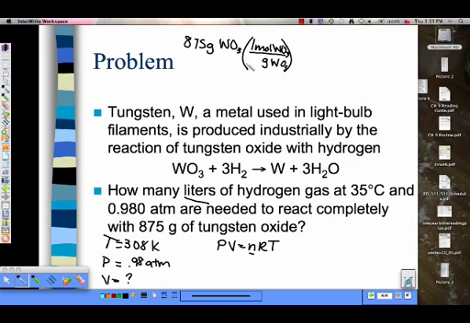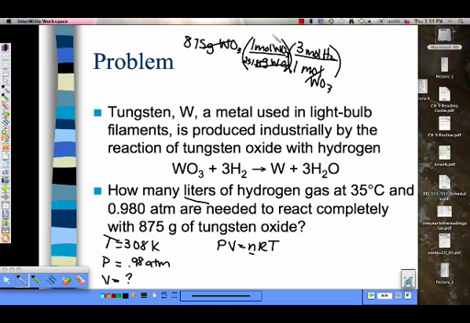There we go. And we have a 1-to-3 ratio, so 1 mole of tungsten oxide is equal to 3 moles of H2.